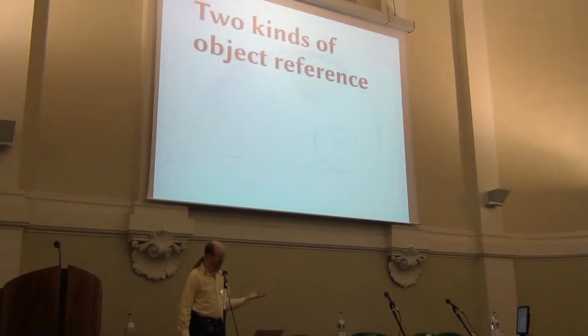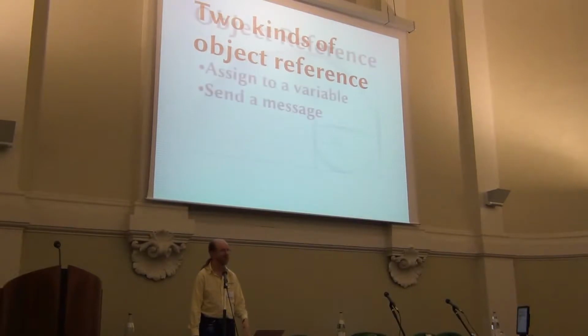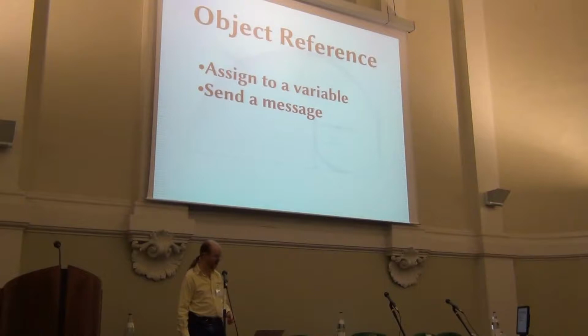Okay. And there are also two kinds of object reference in E. But let's take a look at what an object reference is in Smalltalk, just to give us a frame of thinking about this. An object reference is a thing in Smalltalk that we use all the time, but we don't really think about all that often because it's just there.